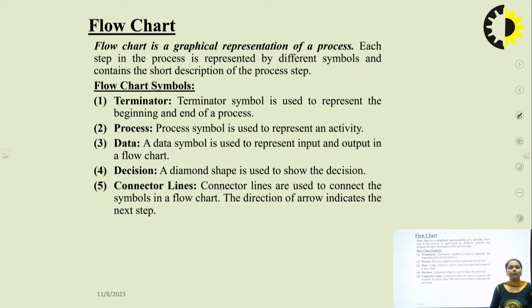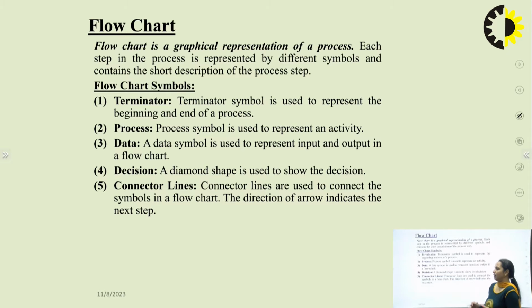That terminator symbol is used to show the termination or beginning of a process. Process symbol is used to represent an activity. Whatever calculations we are doing within the program or within the algorithm are represented with a process symbol.